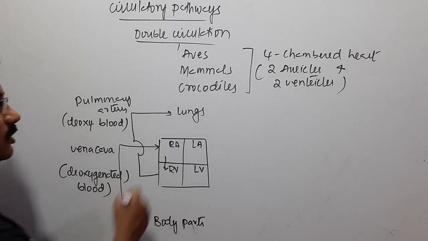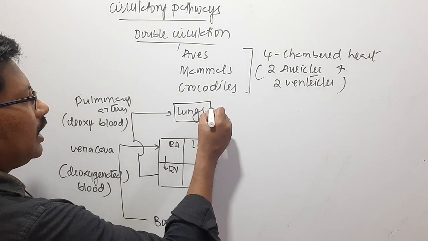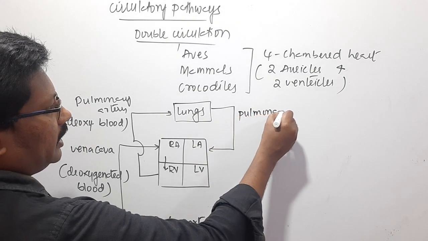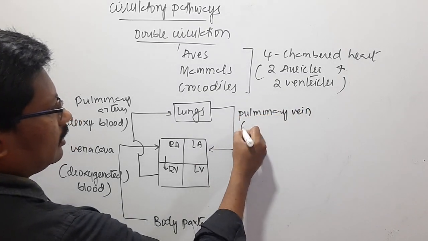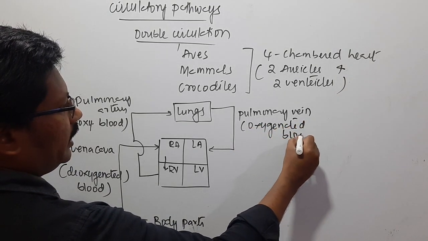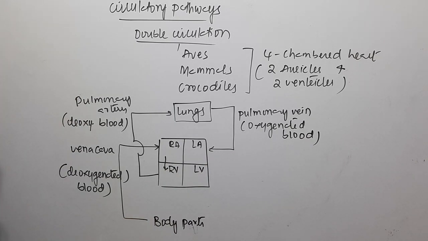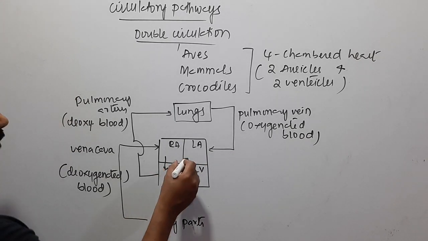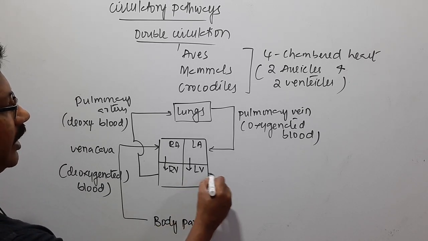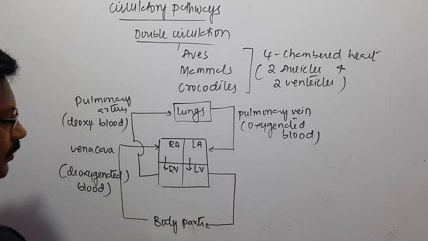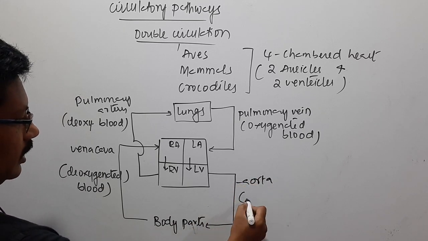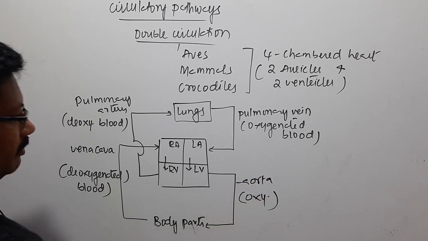In the lungs it gets oxygenated, and from the lungs the blood through the pulmonary vein, oxygenated blood, finally passes to the left auricle. From the left auricle the blood passes into the left ventricle. From the left ventricle the blood passes to the body parts through the aorta, again oxygenated blood.